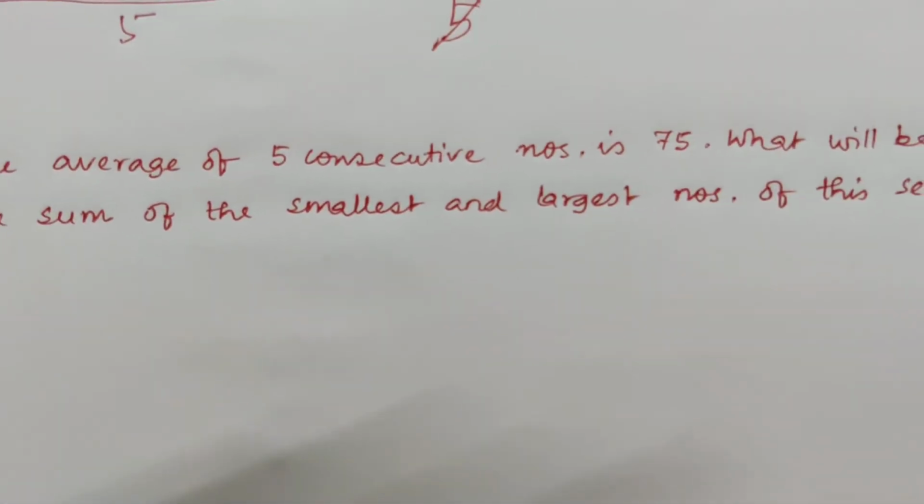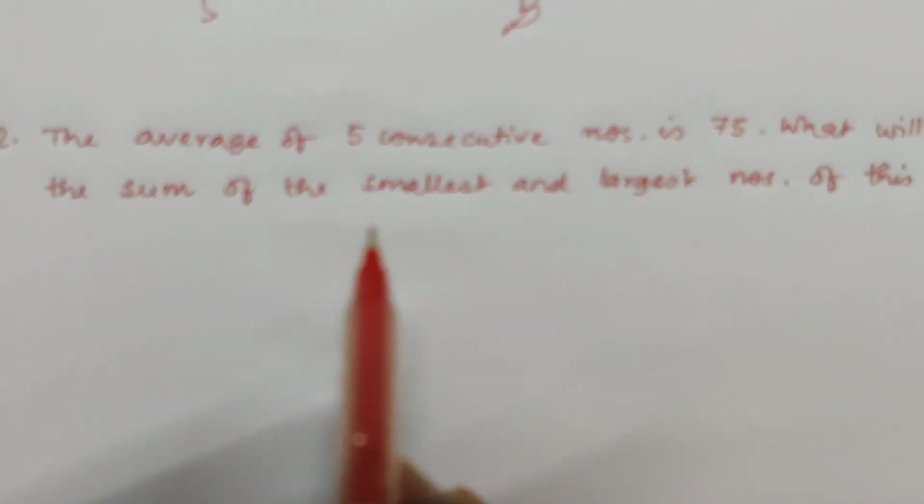Now in this case, what is over here? The average of 5 consecutive numbers is 75. What will be the sum of the smallest and the biggest numbers of this series? Now we have already come to know that the average is the middle number.